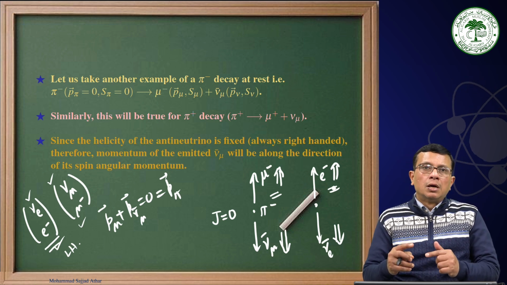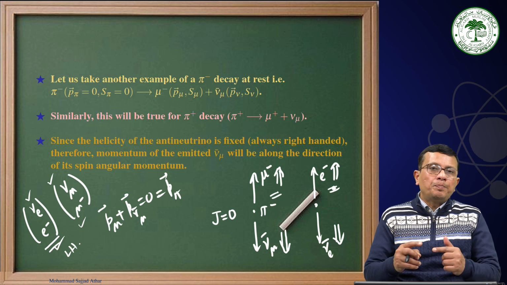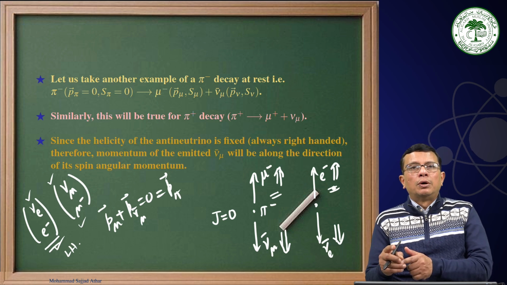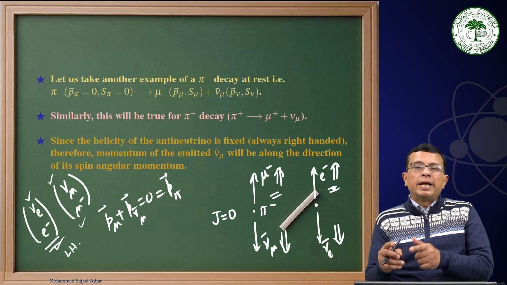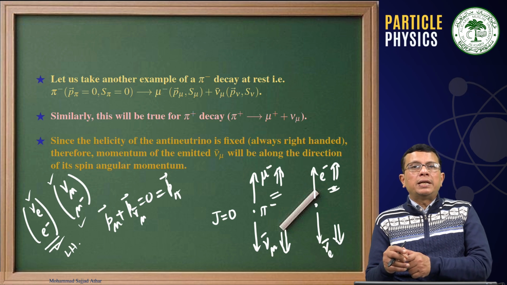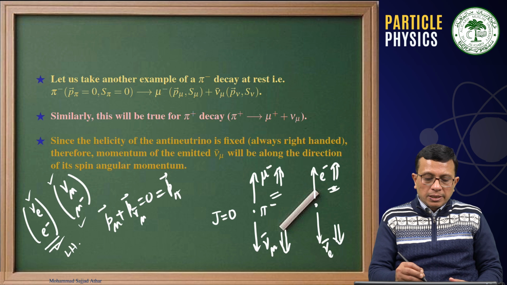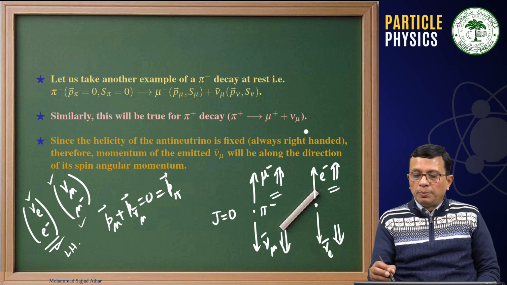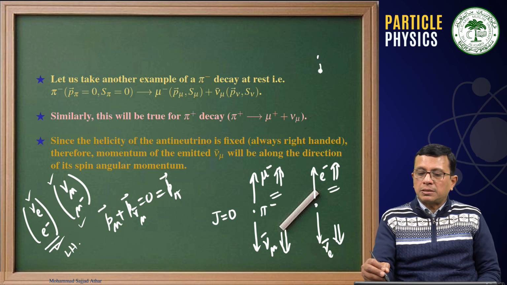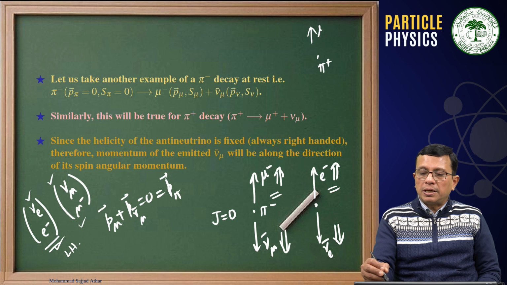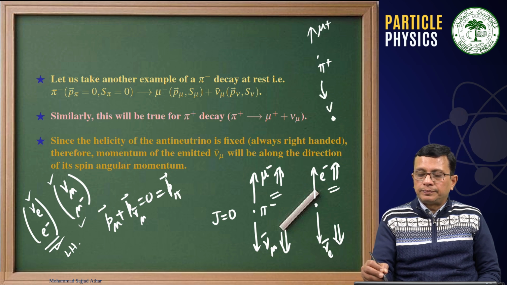Therefore, what happens? All the time, a pi minus decays to mu minus and nu mu bar instead of decaying into e minus and nu e bar. Similarly, if I talk about pi plus, then as you can see, nu mu, I am talking about a pi plus, and this is mu plus, and this is nu mu.